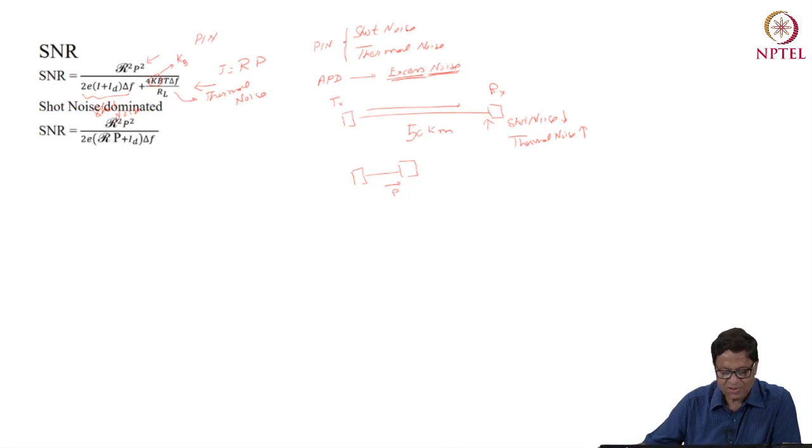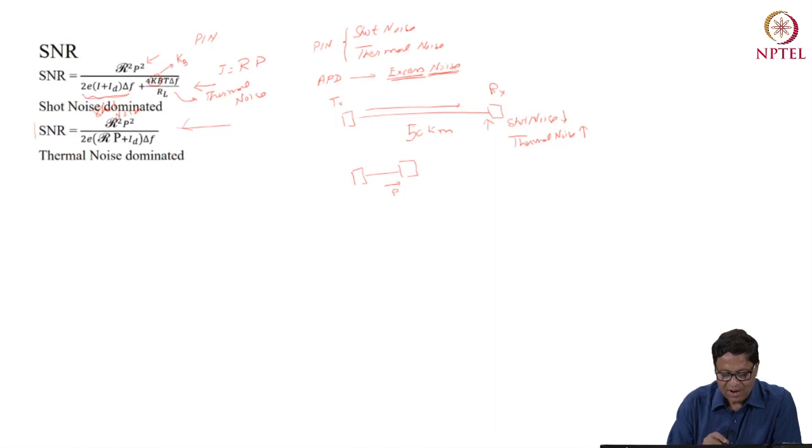If shot noise dominated, the first component dominates compared to the thermal noise component, and SNR can be approximated as responsivity square times P square divided by the shot noise component.